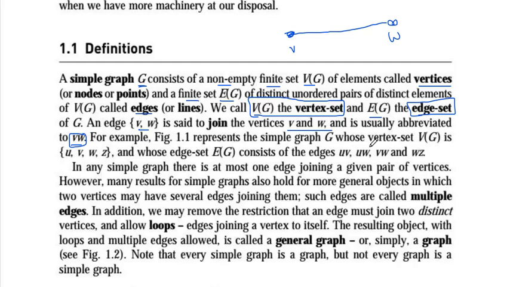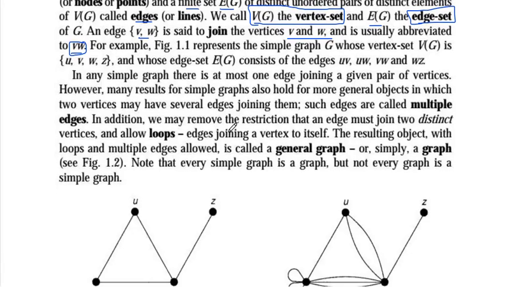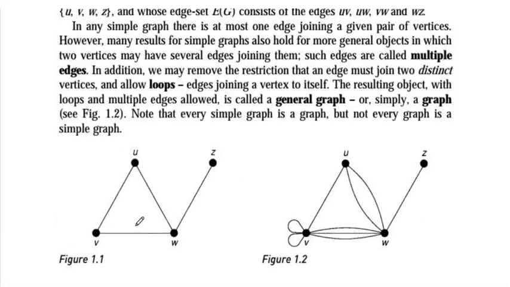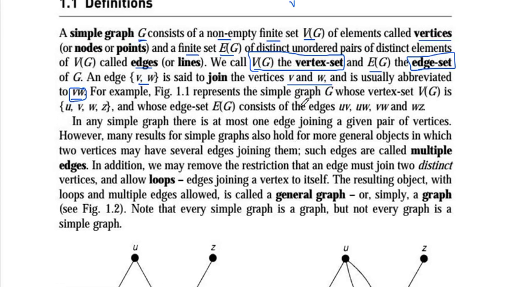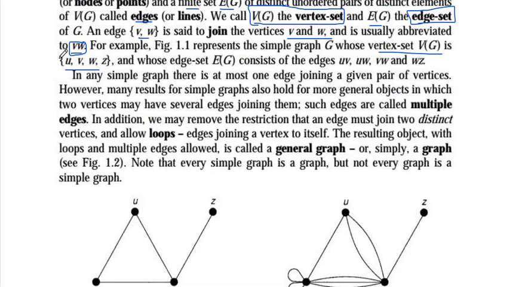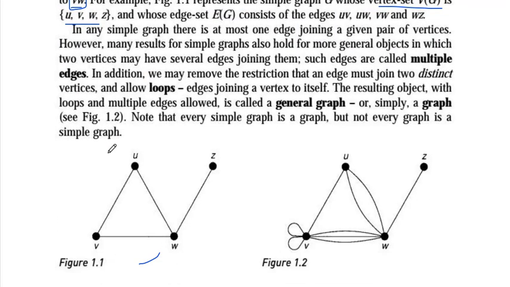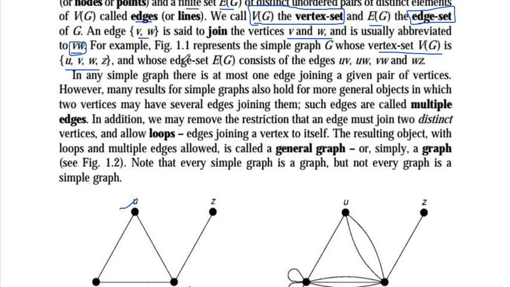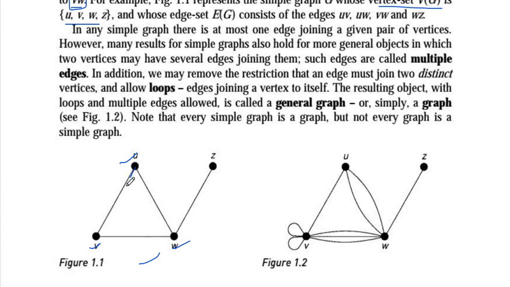In figure 1.1, the vertex set V of G is U, V, W, and Z. You have to write it in a set, and whose edge set consists of the edges UV, VW, WU, and WZ.